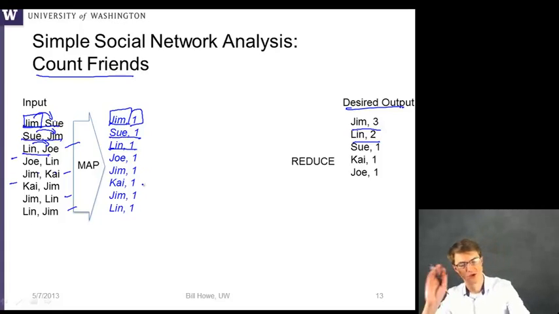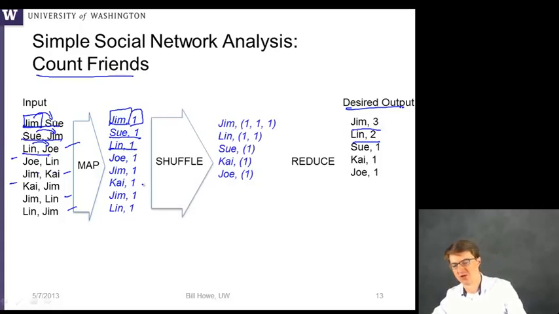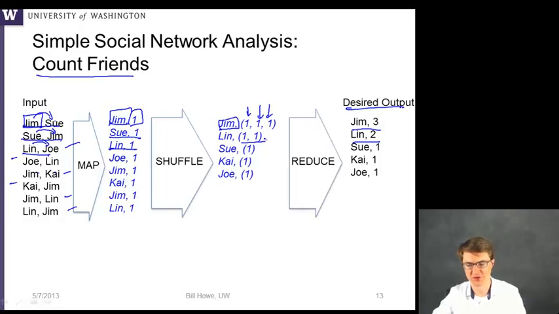Okay, and then through the magic of MapReduce, the shuffle phase produces this intermediate result where we have Jim, the key, associated with a list of occurrences, 1, 1, and 1, and Lynn is associated with 2 occurrences, and so on. And then the reduce phase just simply adds up all these occurrences. And so what does this remind you of? Well, it's a lot like the word count example, right?